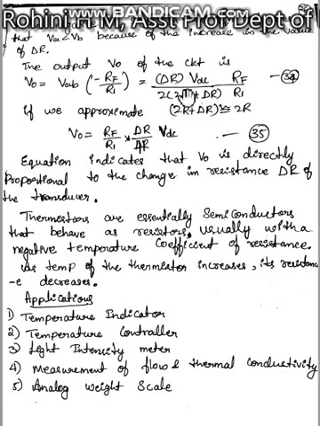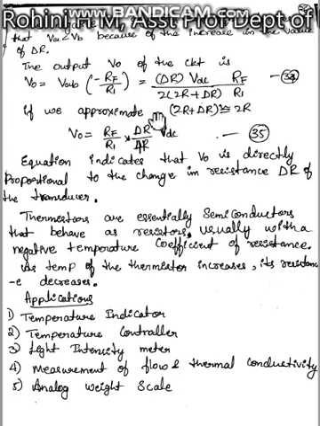So we can write it as 2 into 2R, that is 4R, right? So Vout is RF by R1 into delta R divided by 4R into VDC.